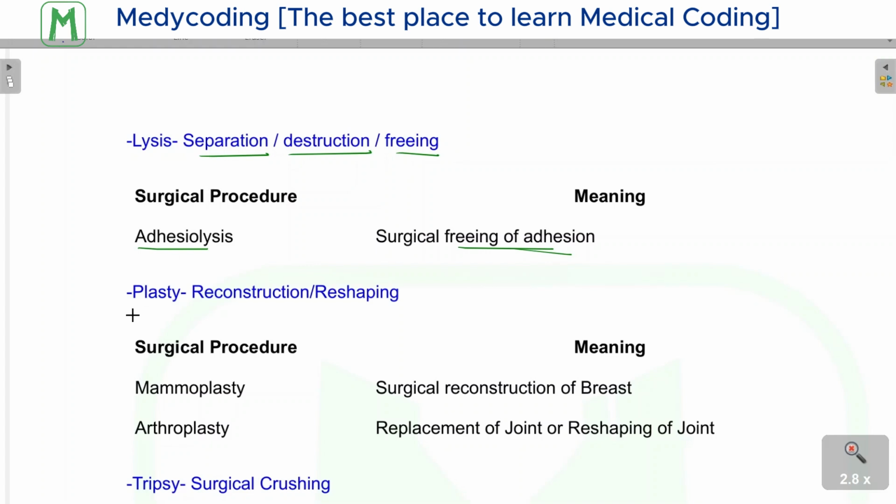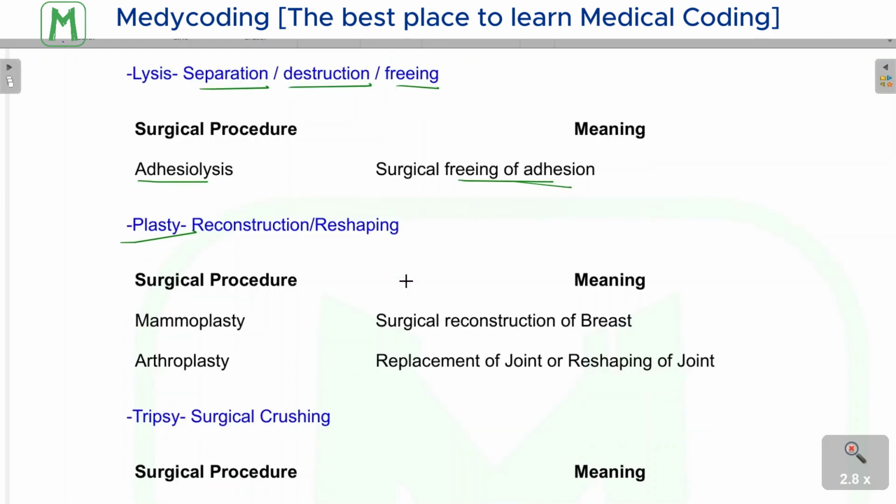Next is plasty. This term has a very deep meaning. People get confused. So plasty involves reshaping, rebuilding, or correcting a structure. Suppose the physician performs the removal of the breast, that is called mastectomy, and then it needs to be reshaped for cosmetic purposes.